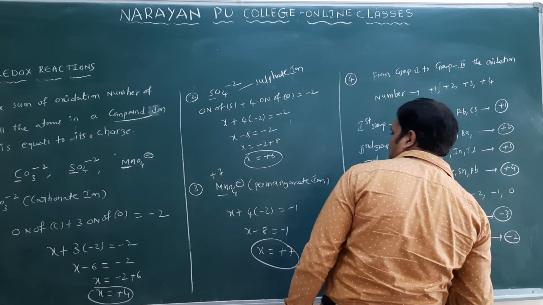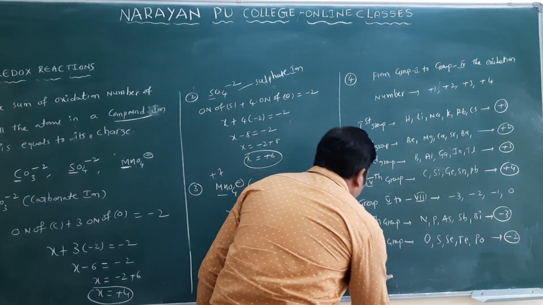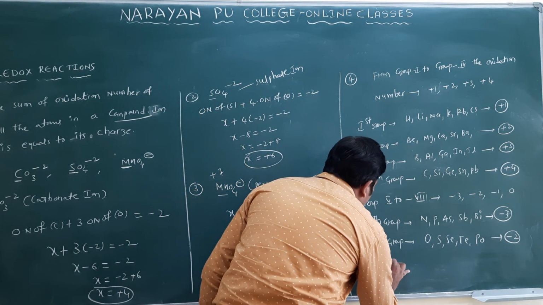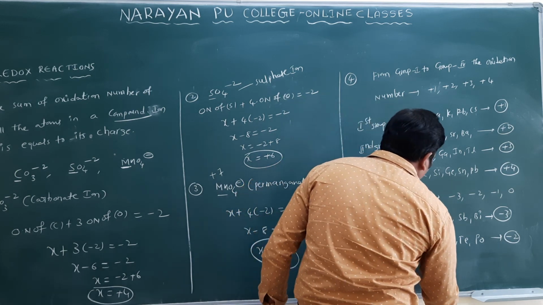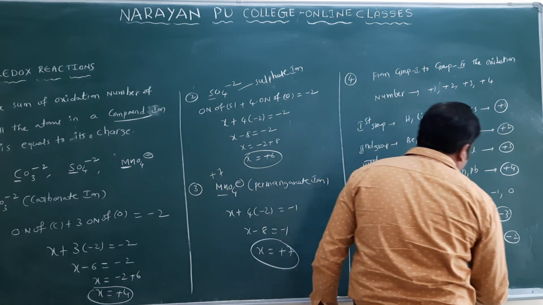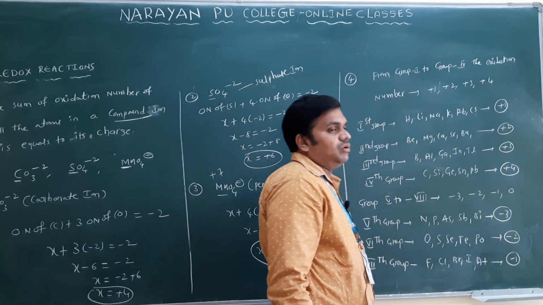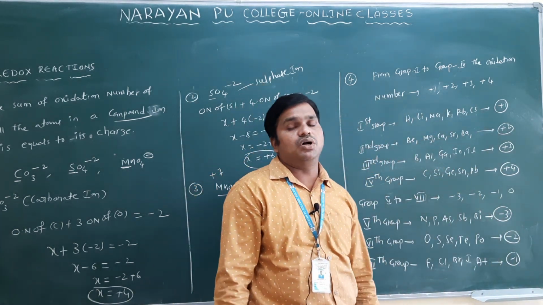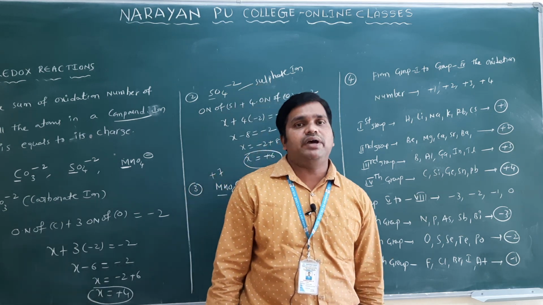If these elements are there, we can write the oxidation number as -2 only. If you come to the seventh group elements, what do we have? Fluorine, chlorine, bromine, iodine, and if we take astatine, these elements show -1 only. In some cases halogens show a positive oxidation state also, particularly in the case of oxo acids only.